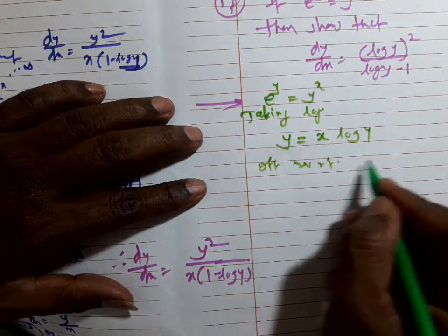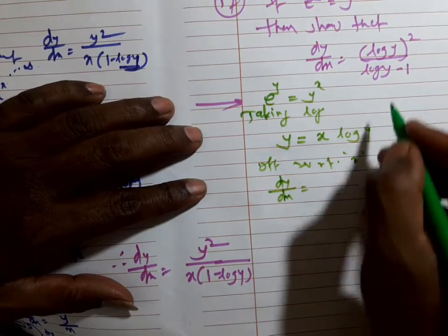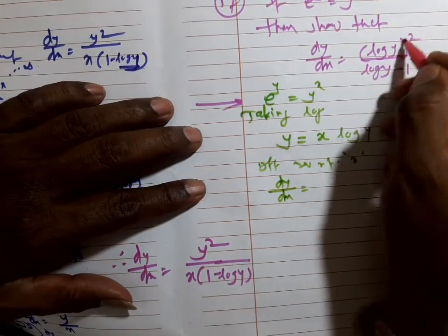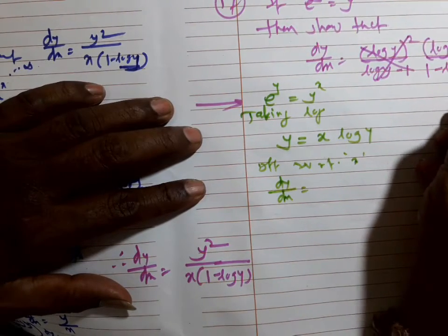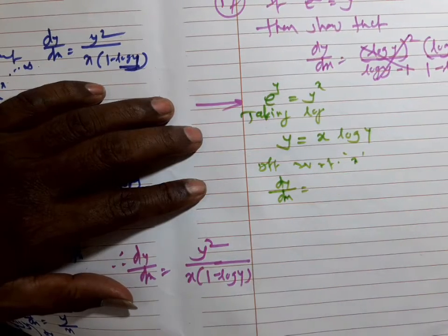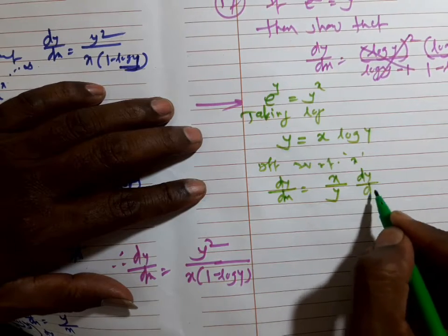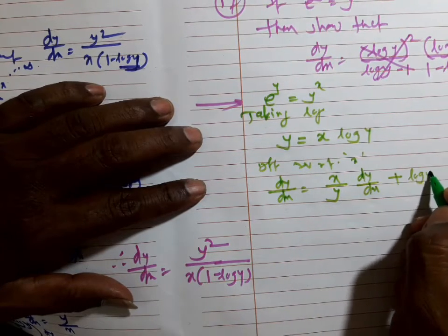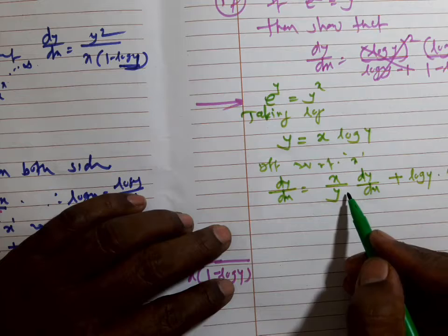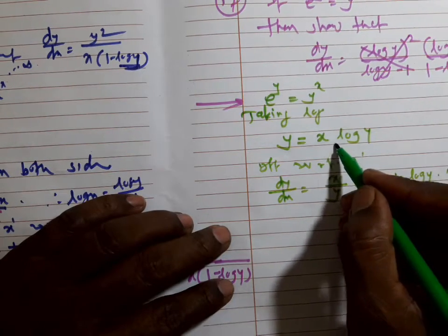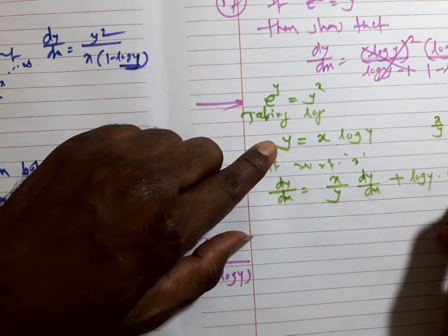Differentiate with respect to x. y is differentiated, and for the product rule, x upon y dy by dx plus log y, and the derivative of x is 1. Now x and y do not remain together. From these, x upon y is equal to 1 upon log y.